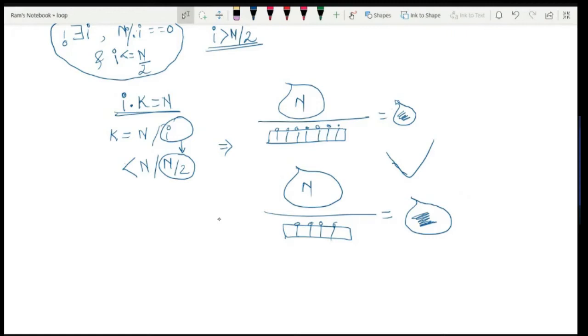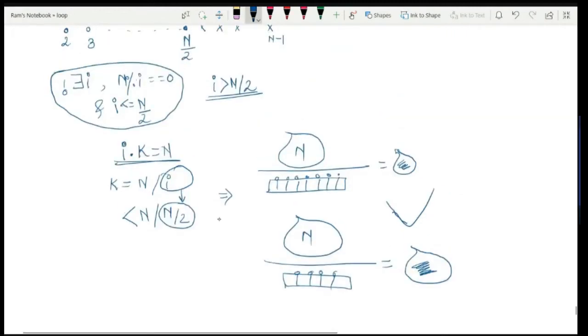Now, this I was initially bigger, because this is the condition that we wrote right here, that our ground truth is that I is greater than n by 2. So here we have replaced this I by a smaller number.